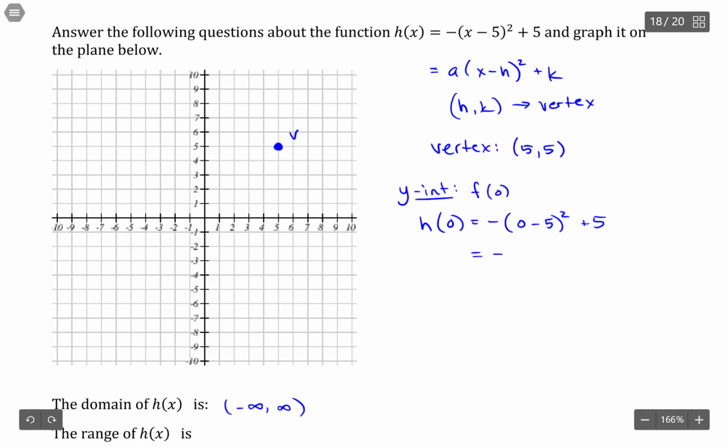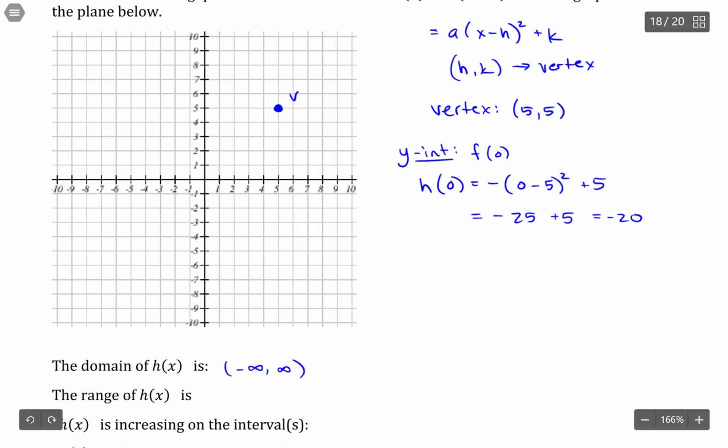This would be negative 25 plus 5, or negative 20. Now, most people think it's just the constant term in a quadratic, but that's only if you're in the form ax squared plus bx plus c.